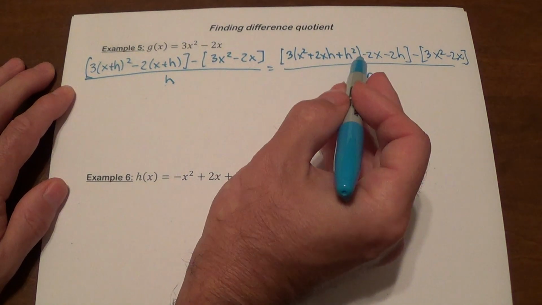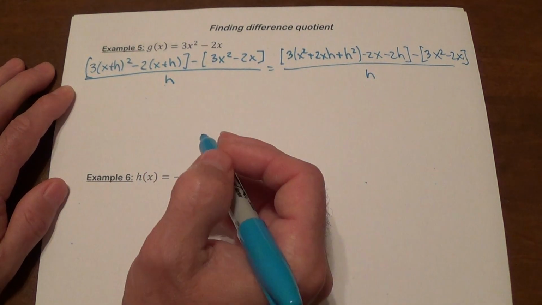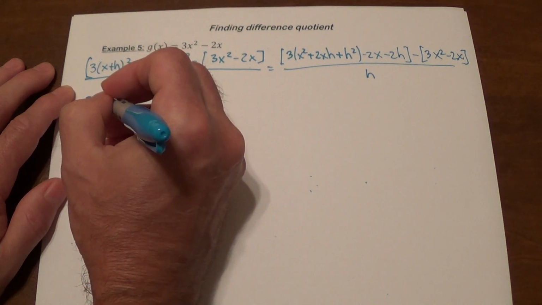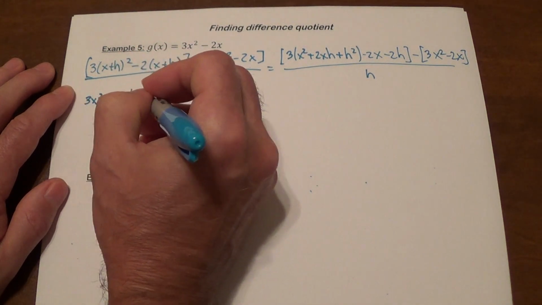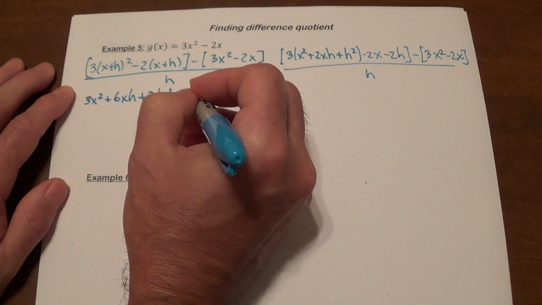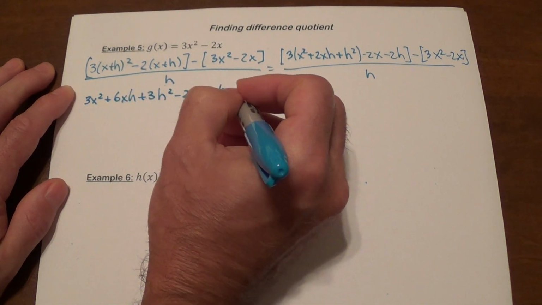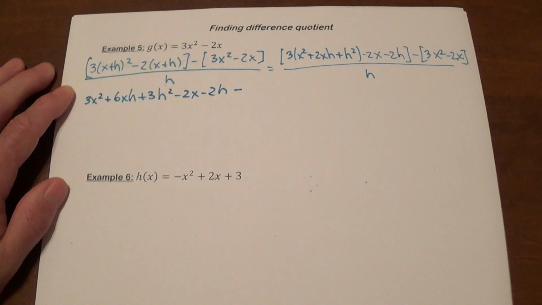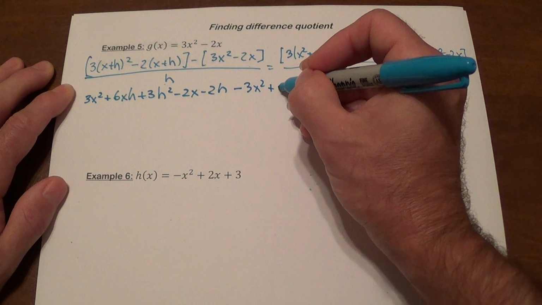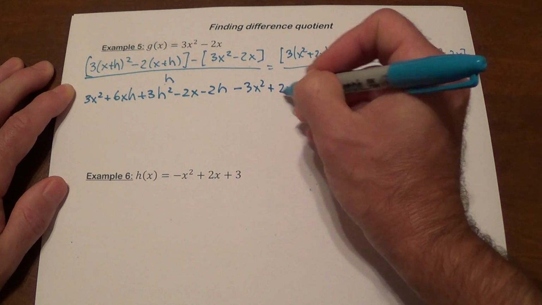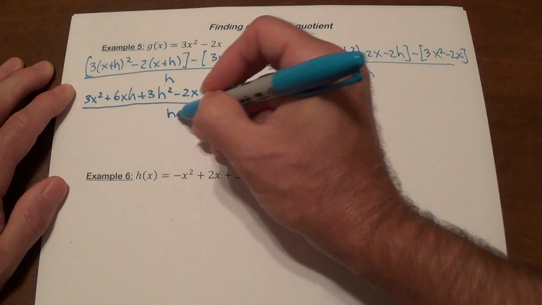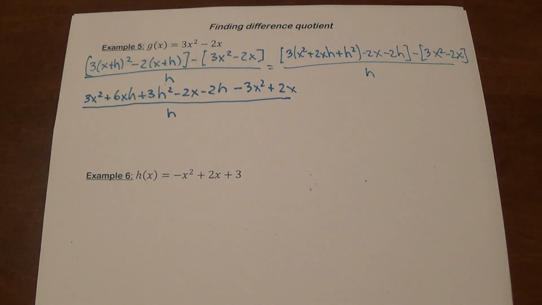So we're going to distribute this 3 here, and hopefully we can open the parentheses at the same time. This is 3x squared plus 6xh plus 3h squared minus 2x minus 2h minus 3x squared plus 2x, all divided by h. Let's take a look.